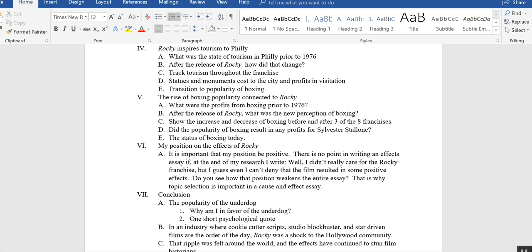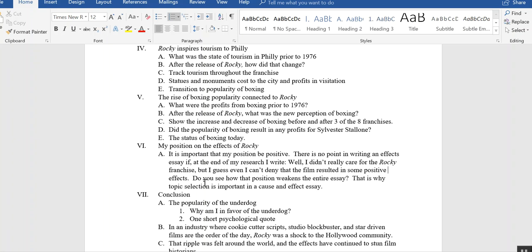Even if I'm talking about the cause and effects of a war, I've still got to talk about it in terms of my appreciation for the cause. If I write down, well, I didn't really care for the Rocky franchise, but I guess, whoops, I got to put this in italics. Remember, we put all of our titles in italics.